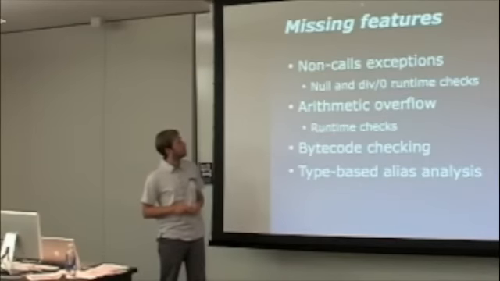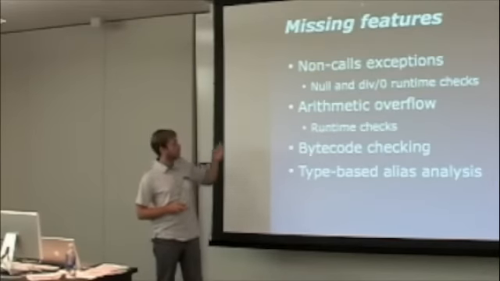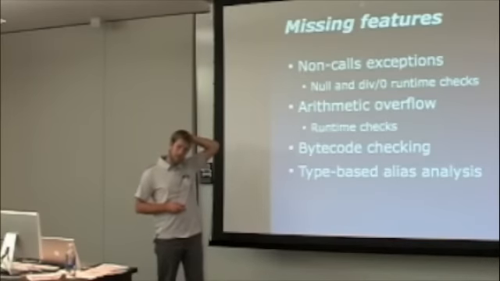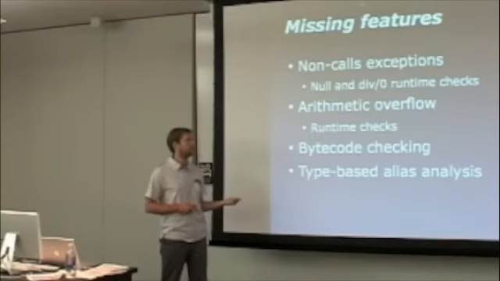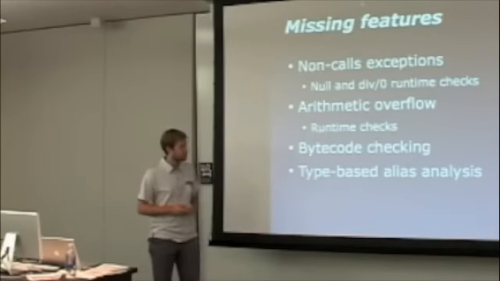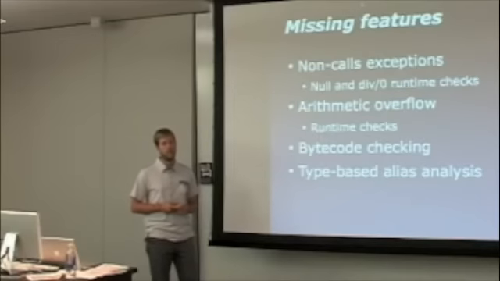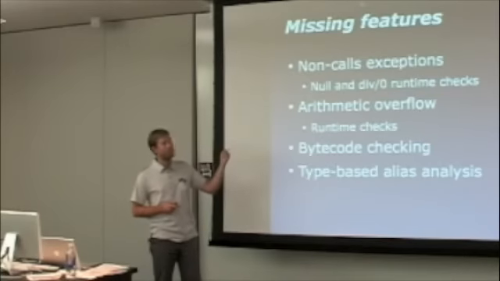There's also a set of missing features. I won't go into details for most of them. For non-call exceptions, when you have field accesses or virtual calls on an object, currently in LLVM you need to do runtime checks to see if the object is not null. So you insert these runtime checks.